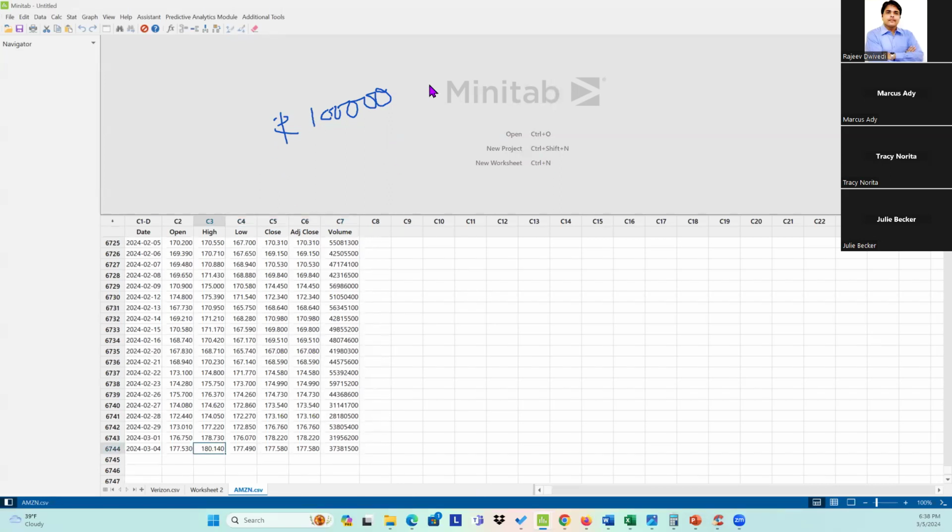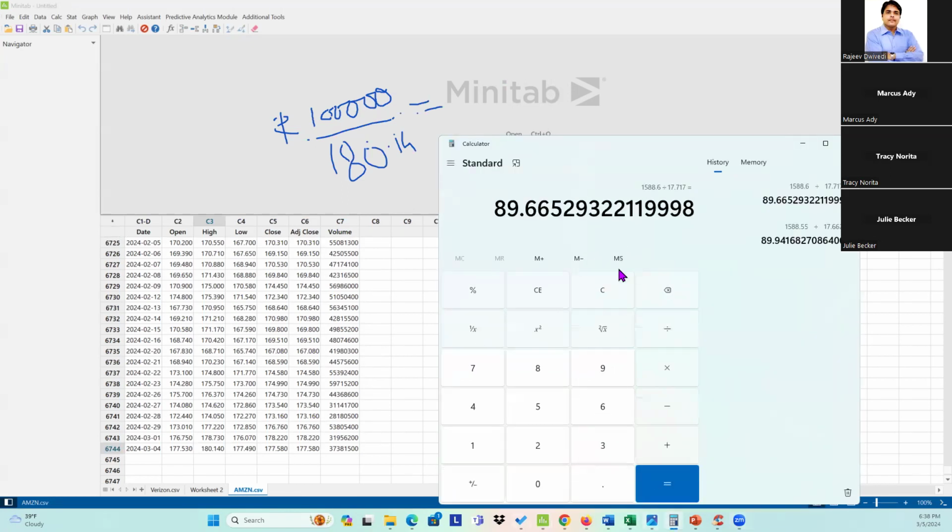How many stocks can I buy? Roughly, $100,000 divided by 180.14.